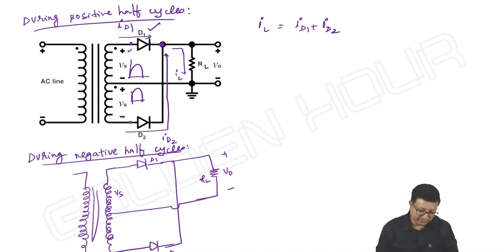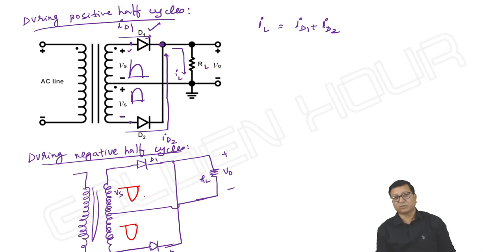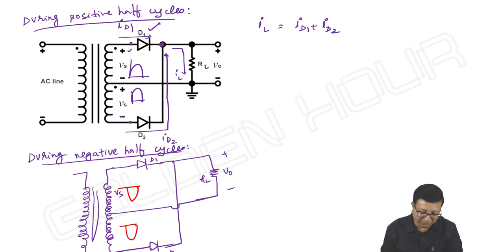Negative half cycle means we can write it like this. This is our negative cycle, and here also it is negative cycle. It looks like we connected a negative source, right? A negative source means actually the universal polarities of ES are from top to bottom only, no doubt about it. Just to see the direction of the current, I am changing the polarities of the supply like this.